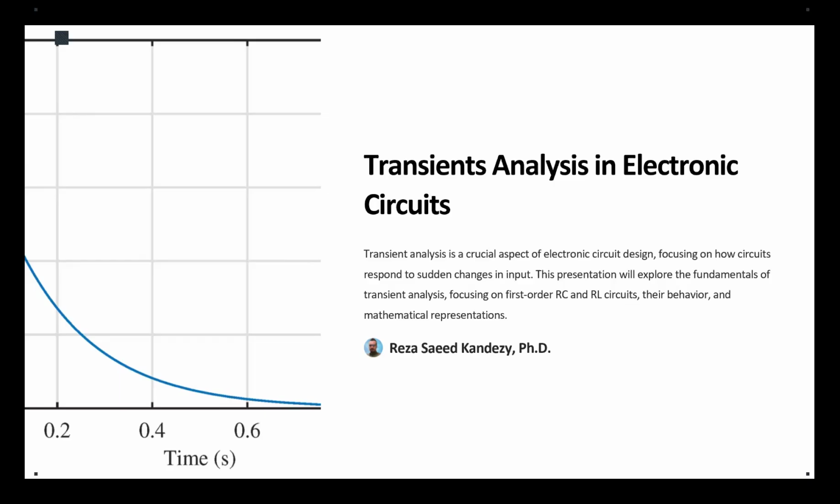Now, today, we are going to talk about what would happen if the circuit is subjected to a change. For example, there would be a sudden change in a voltage or in a current. And if so, how the circuit would react to such a behavior.